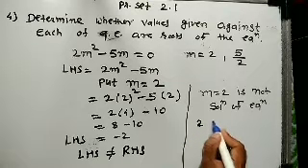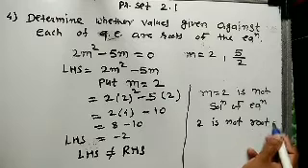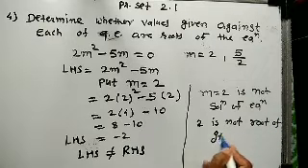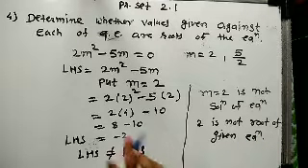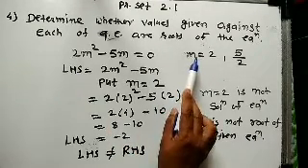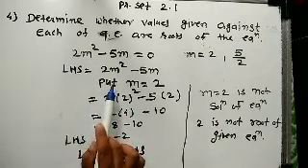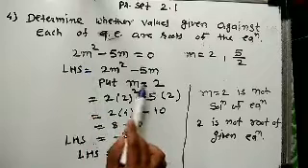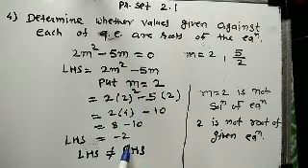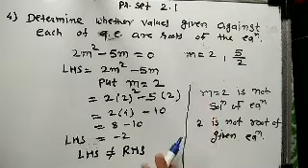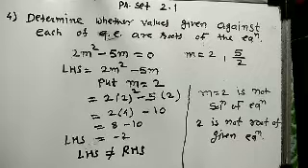That is, 2 is not a root of the given equation. Here the value of m is 2, therefore put m equal to 2 in the LHS and we get the LHS equal to −2, but RHS is 0, that is, the equation is not satisfied when the value of m is 2. Therefore, 2 is not a root of the equation.